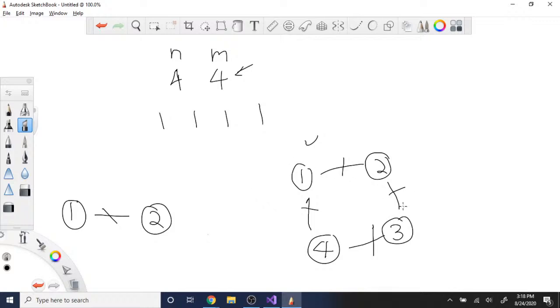Wait, but that's the same thing over here, though. Because if I unlock these 2, 1 is free, right? If I unlock 3 and 4, these 2 chains, 3 is free, and then 2 and 4 are free. So wouldn't that mean... Oh, okay. 2 and 3 and 4 are free, but that's the same number of people that are unlocked, right?